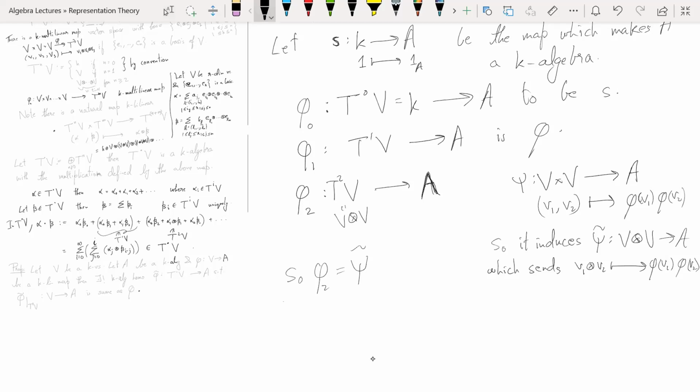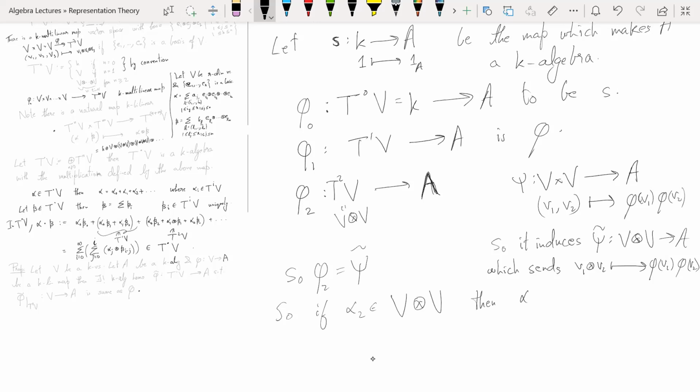So phi 2 of alpha 2, where alpha 2 is in V tensor V. I'm trying to do it in more detail than maybe is necessary.